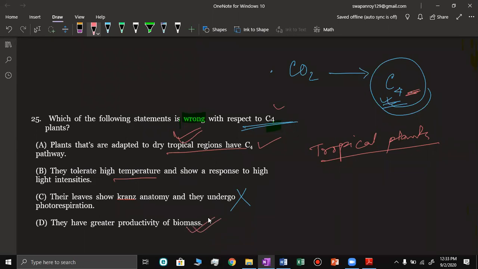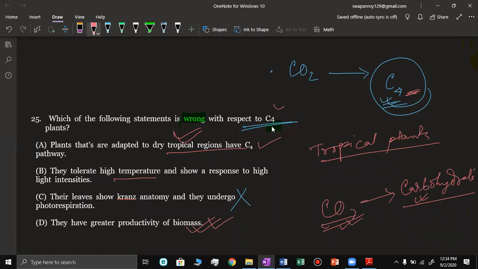This is also correct. They can produce more carbohydrate, they can reduce more carbon dioxide to carbohydrate. They are well adapted even at very low carbon dioxide concentration.